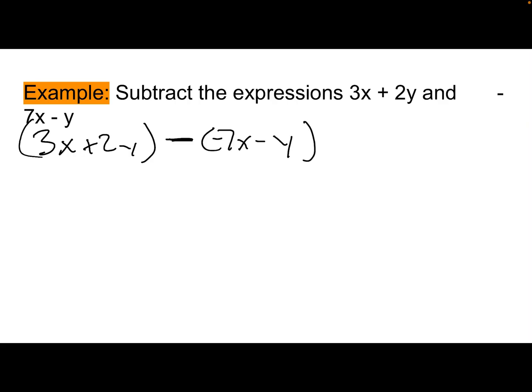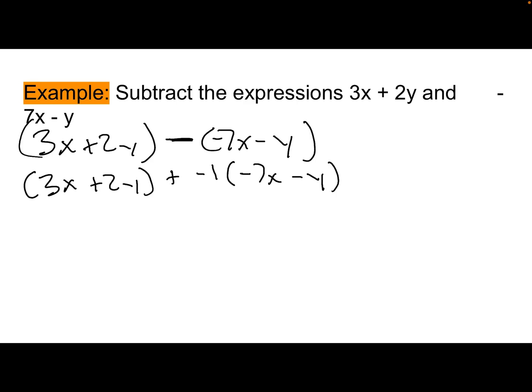The way I want everyone to think about this is as if there was a negative 1 in front right here. So 3x plus 2y plus negative 1 times negative 7x minus y. Basically, we're using what we know about additive inverses to change this from a subtraction problem to an addition problem; we just threw a negative 1 in front.